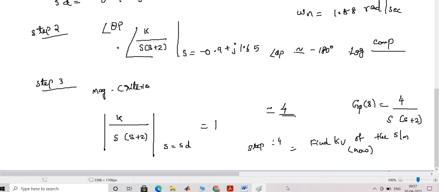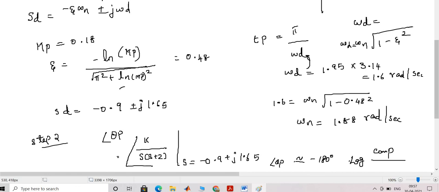So what is that Kv? Kv of the system now is equal to limit s tends to 0 of s into 4 divided by s into (s + 2), that is equal to 2. So this is our Kv now. We got the value of the velocity error constant.